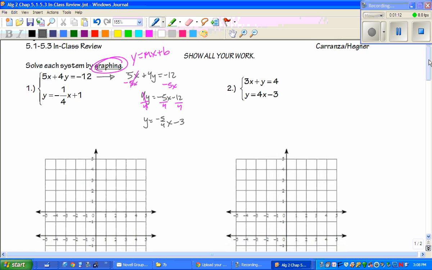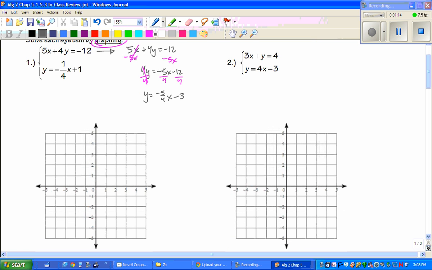So when we're graphing that, that means our slope is negative 5 over 4, and we start at 0, negative 3. If I were to go down, I would need to go down 5 over 4, which I can't do. So I have to do the exact opposite, which means I have to go up 5.